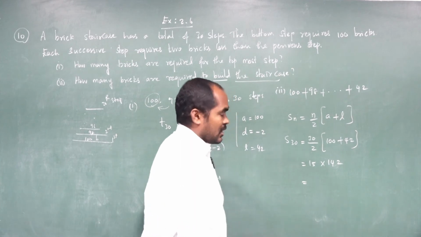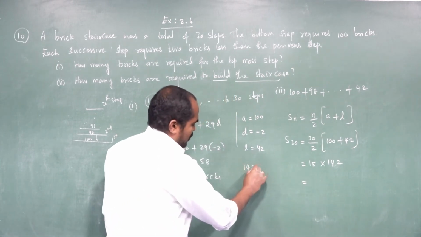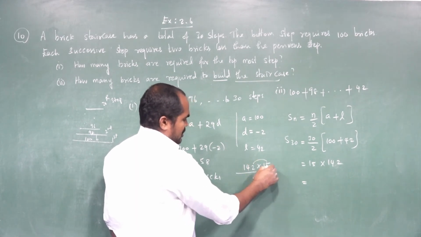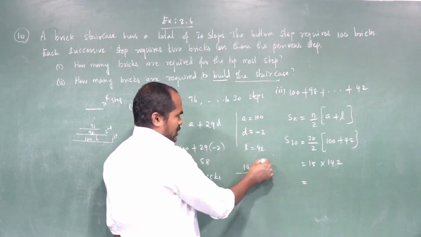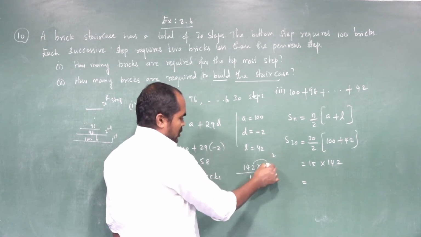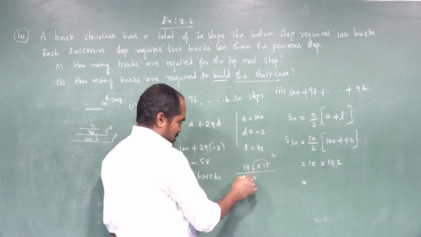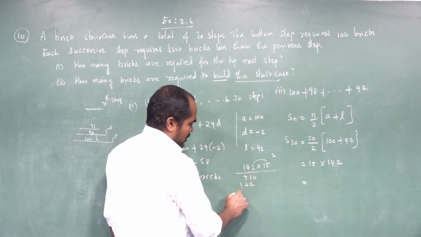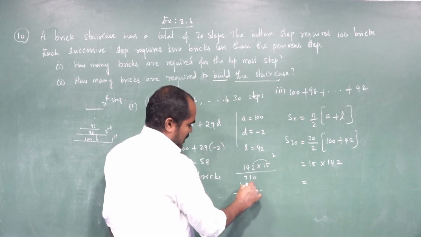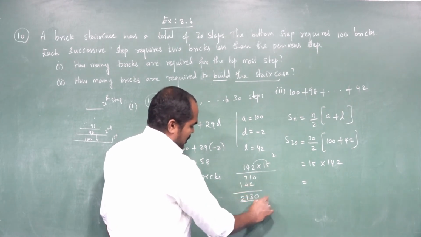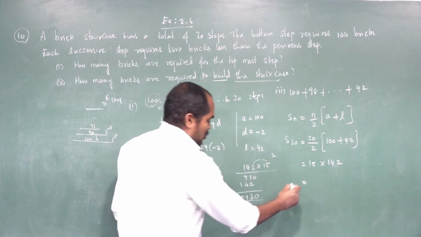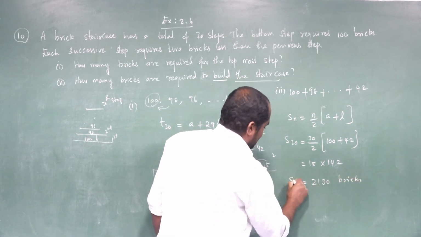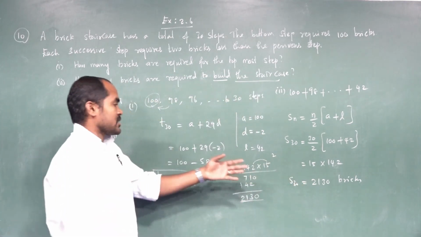Multiplying 142 into 15 gives 2130. So 2130 bricks. That is our second question.